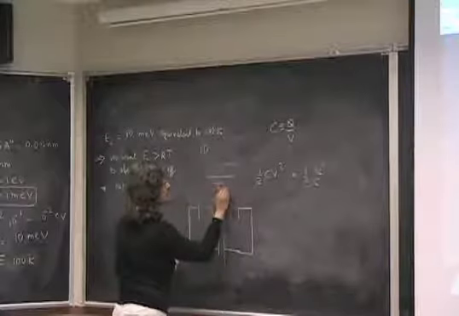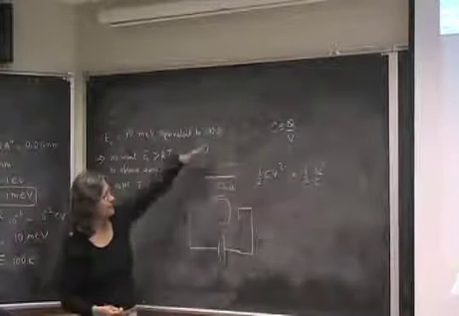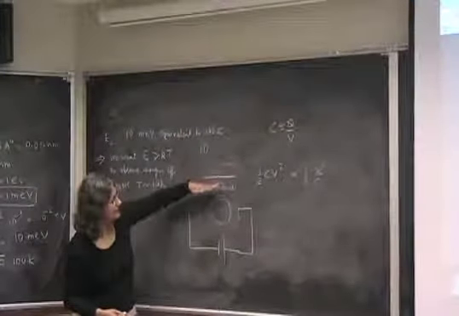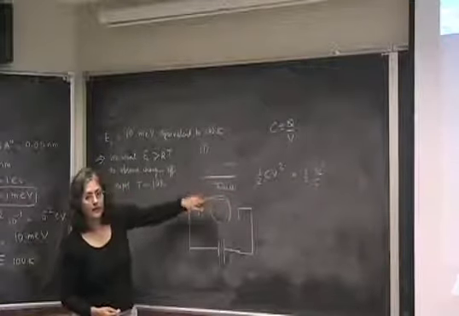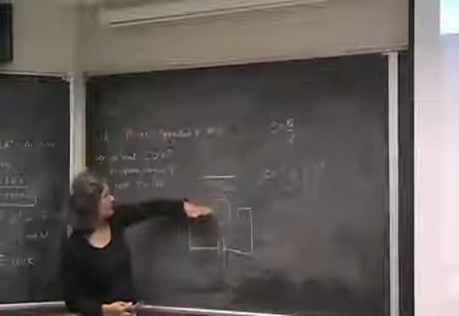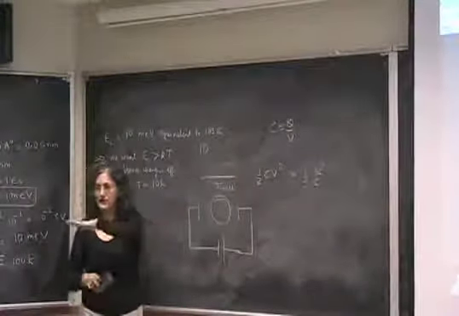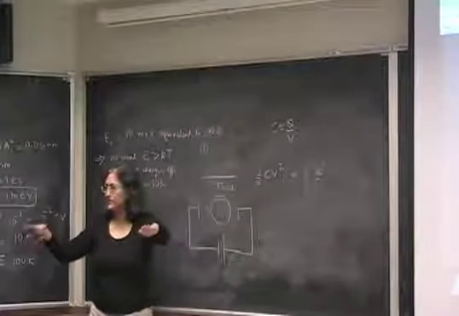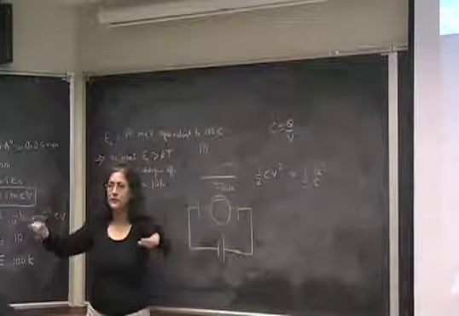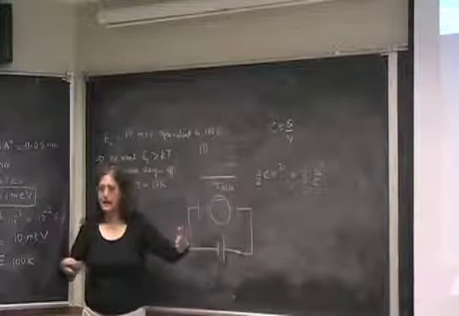This is my gate. If the voltage is extremely negative, the levels have gone way up and nothing is tunneling. Then as the level is pushed down, you can start to form a pathway for tunneling. But if the two chemical potentials are identical, you're not going to get any current, because there's no potential difference between the source and the drain. So you have to tilt it, make a potential difference, to start getting some current.